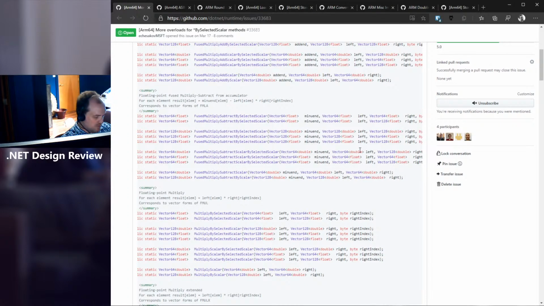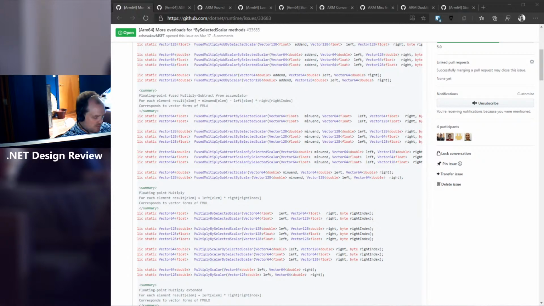I think the last five groups, by selected. Yeah, those should be multiply by selected scalar, widening lower and add, I think. Oh, so currently it's multiply widening and add.